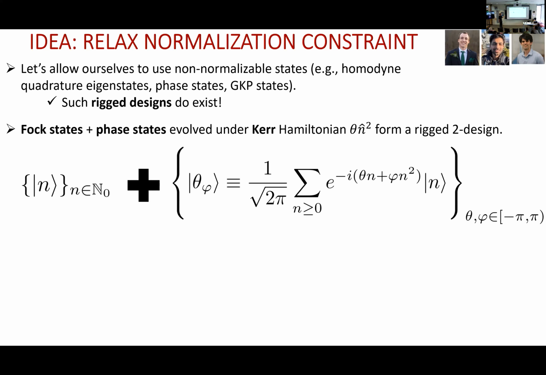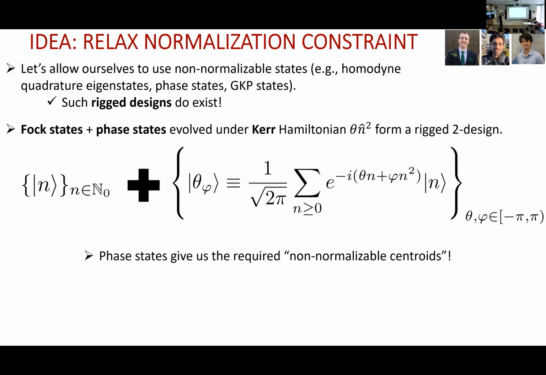And then you introduce an additional parameter, this phi parameter, which is multiplied by n squared. Okay. And together these form a rigged 2 design. Now these are not normalizable. We have to use both.